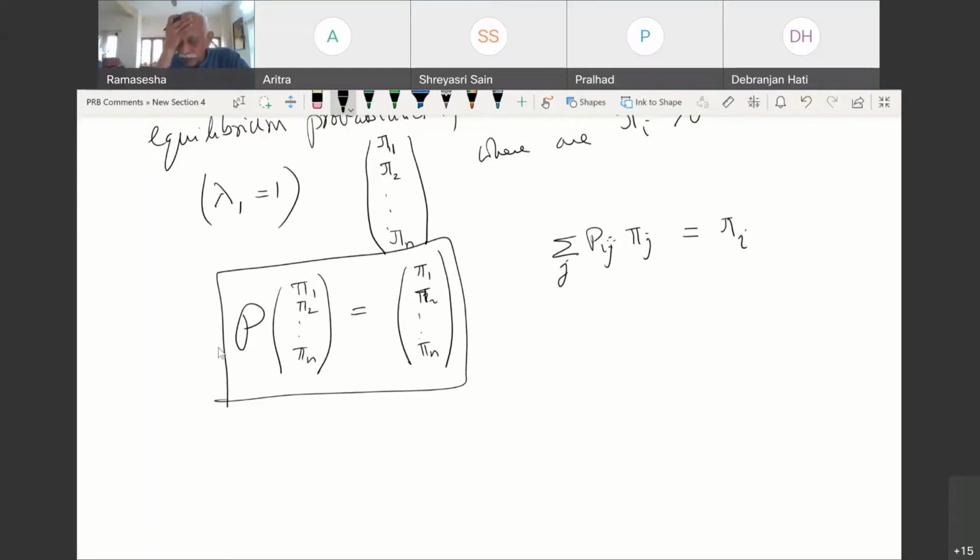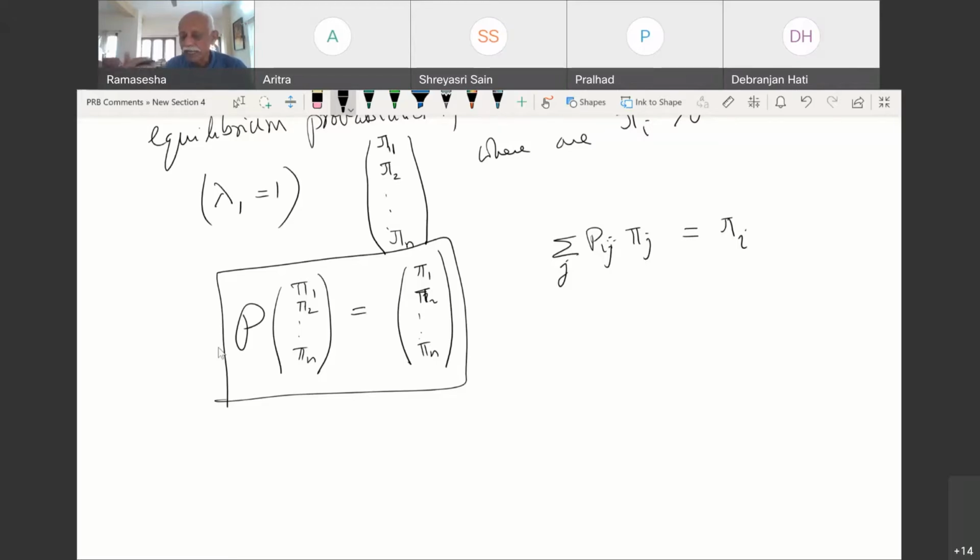So what you are seeing is that if you have the highest eigenvalue lambda 1 equal to 1, then for your probability matrix P, the eigenvector corresponding to lambda 1 equal to 1 will have all entries positive, and these positive entries give the equilibrium probabilities, because any transition that you keep making, you still get back the same probability as you started with.